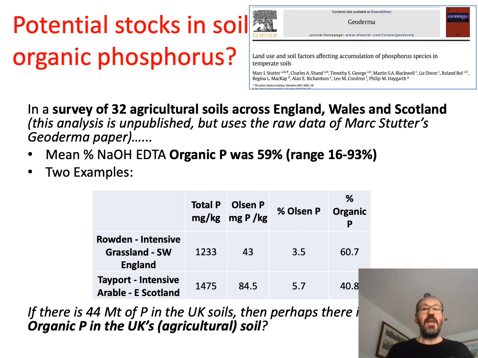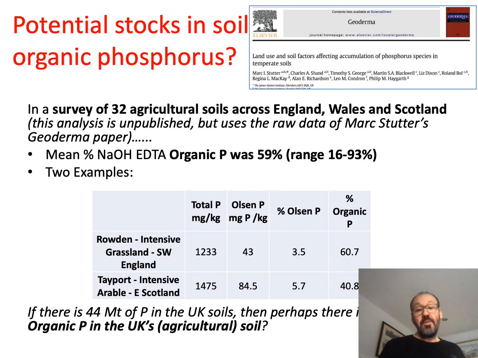This slide here shows that in even more detail. What Mark did, what we did as a team, is we surveyed 32 agricultural soils across England, Wales and Scotland, and we extracted the organic phosphorus fraction using sodium hydroxide EDTA as the extractant.